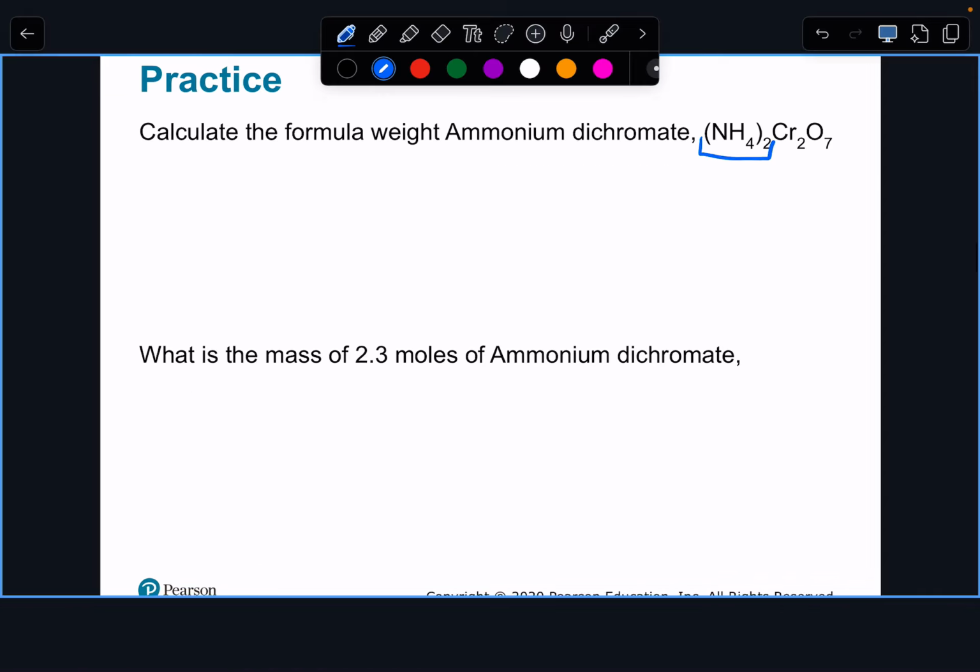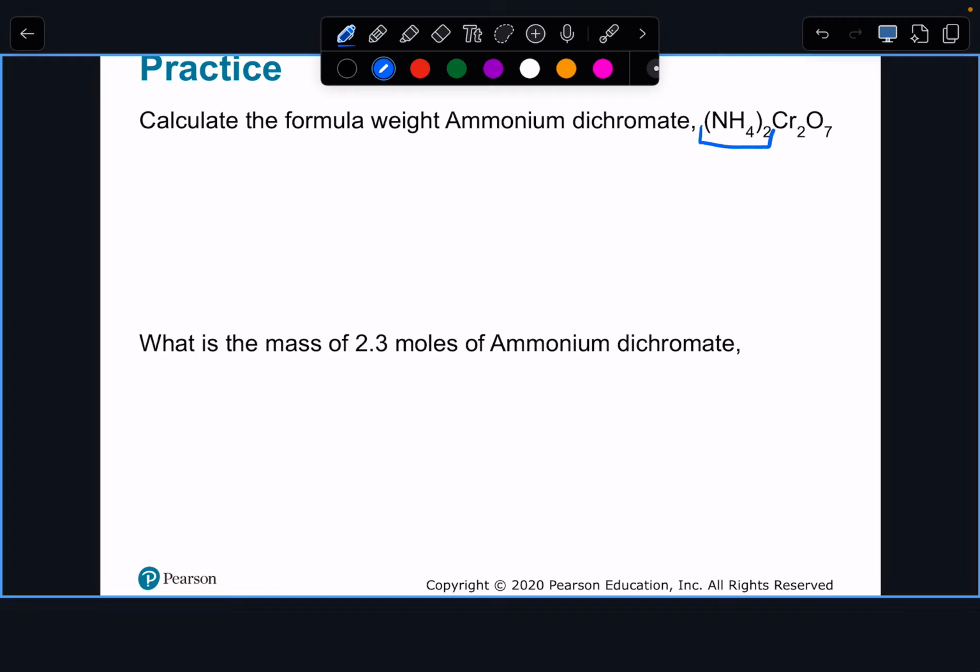Okay, so we're going to determine the formula weight or the molar mass of ammonium dichromate, and then we're going to use that in a question. So feel free to continue on to the second part if you finish.